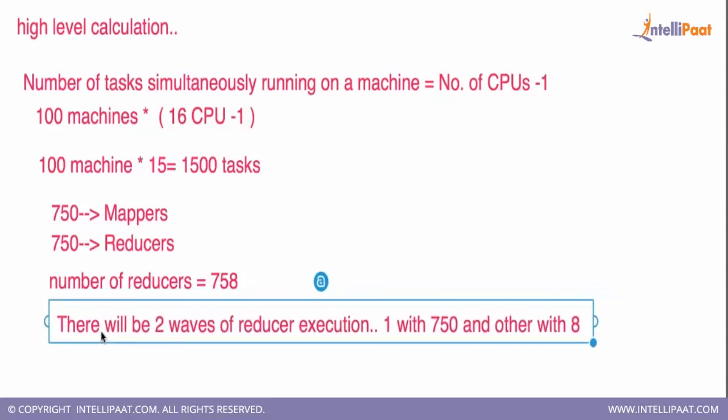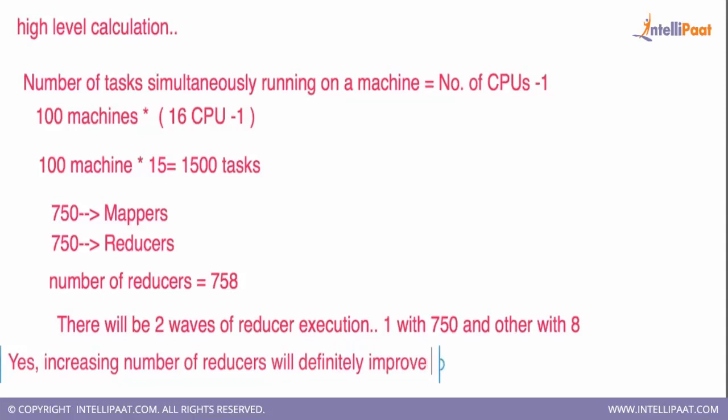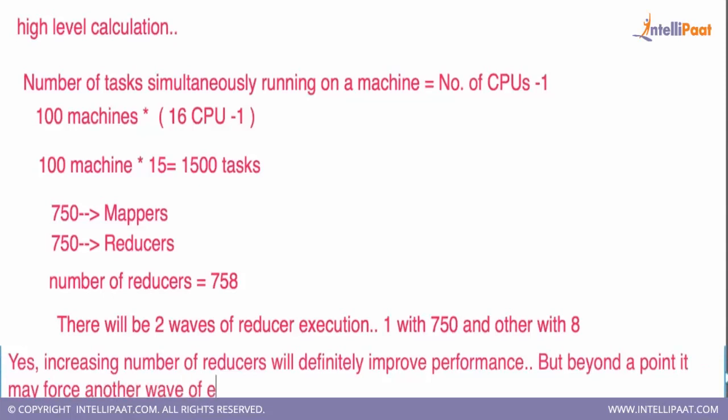So what I'm trying to say is, let's come to your question. Yes, increasing number of reducers will definitely improve performance, but beyond a point, it may force another wave of execution.